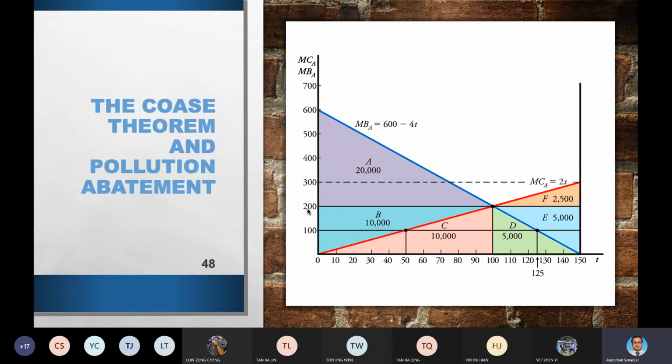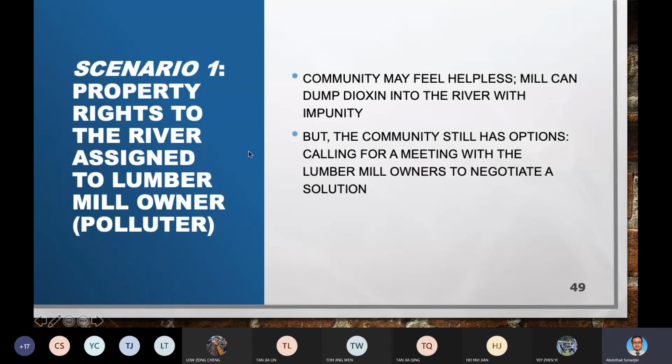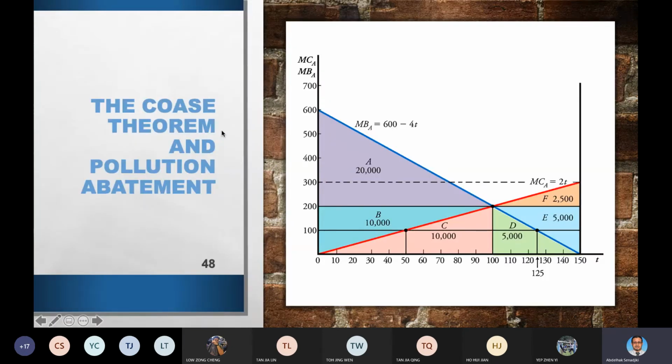So we have scenario 1, which is the property right to the river assigned to the lumber mill owner, the polluter. So the community may feel helpless because the firm can dump toxic pollution into the river with impunity.